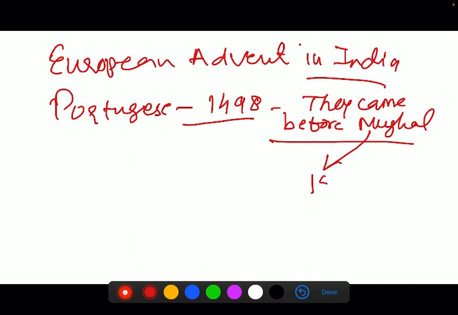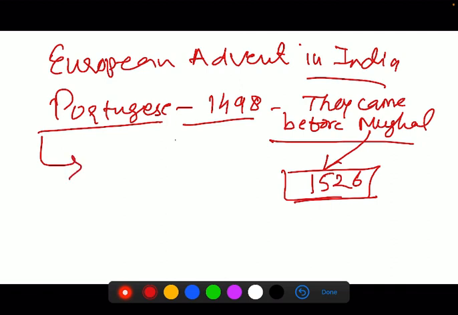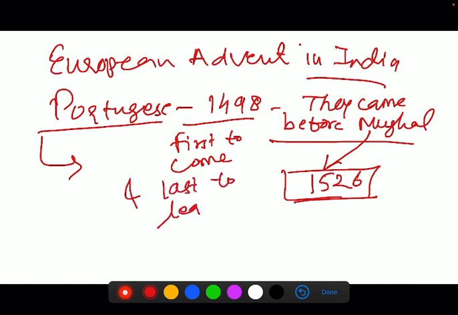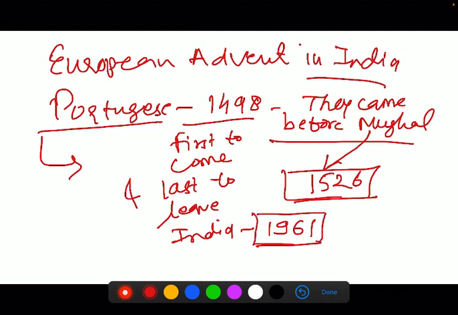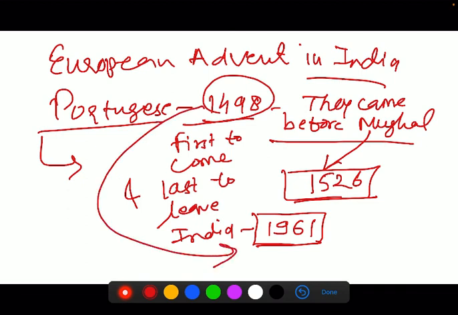In 1526. One more thing, the Portuguese were the first to come and the last to leave India. When did they leave? In 1961. This is another story I will tell you later. They came in 1498 and left in 1961.